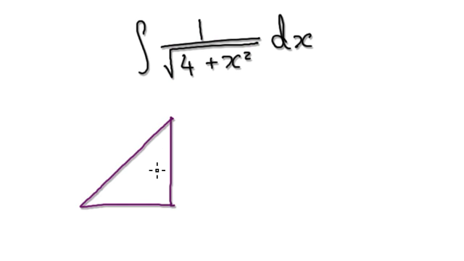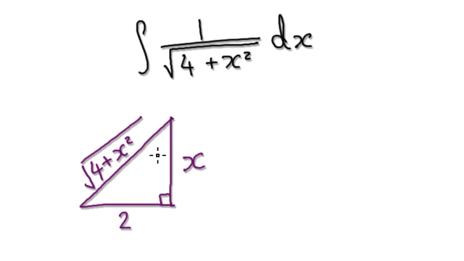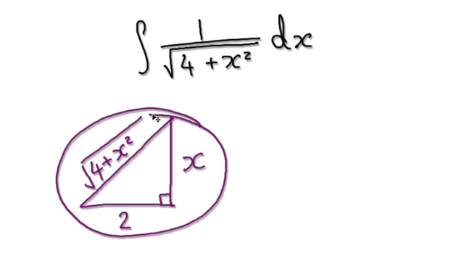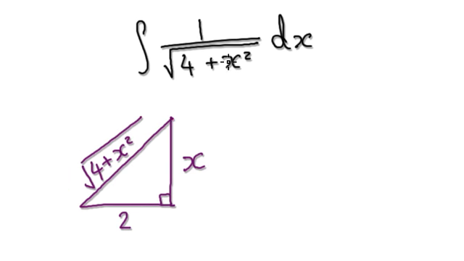So if you look at this here, by using Pythagoras, if you make this to be x and this to be 2, then the hypotenuse will be, don't forget, this squared plus this squared. Then the hypotenuse will be this. Okay, so the trick to integrating this is to create a triangle in such a way that this statement here is true.